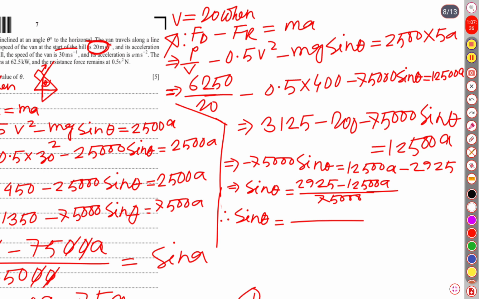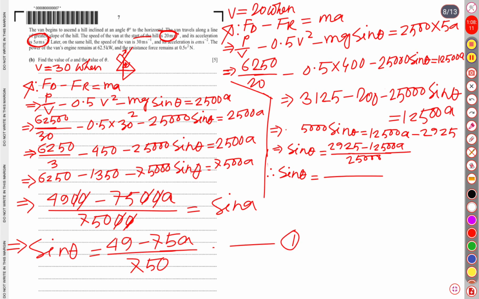sorry, we made a mistake. It's actually mg sin theta cannot be 75,000. It is actually 25,000. Instead of this 7, we will have to write here 2. This is actually 2, so this is also 2. Everywhere it will be transposed as 2. Okay, now let me rectify them.